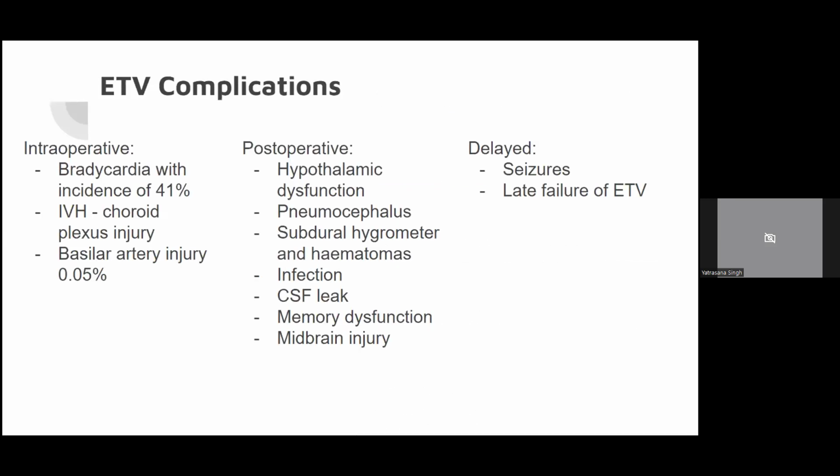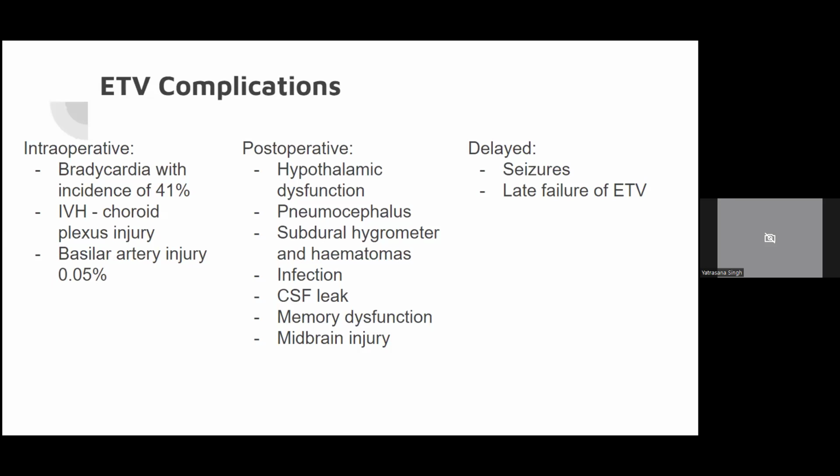Complications can be categorized in terms of intraoperatively, postoperatively, and delayed. Intraoperatively, there's an incidence of up to 41% with bradycardia. Intraventricular hemorrhage as a result of choroid plexus injury can occur, and there's a 0.05% incidence of basilar artery injury.